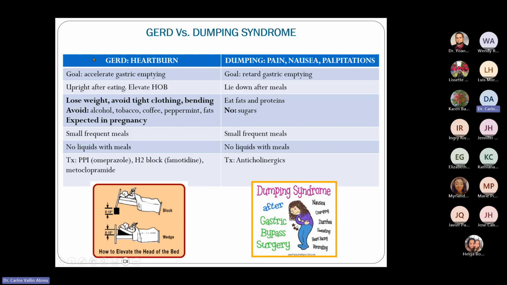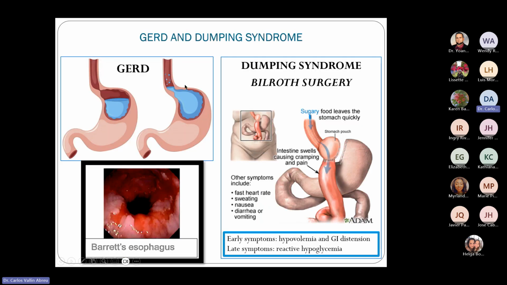So GERD, you know, is the return of the gastric content and acid to the esophagus, which is not prepared for this acid, and it produces inflammation of the esophagus, esophagitis, and an annoying symptom called heartburn. The chronic irritation of the esophagus can produce a pre-malignant condition called Barrett's esophagus.